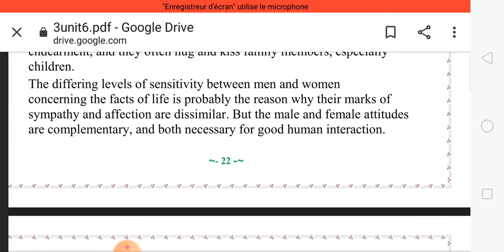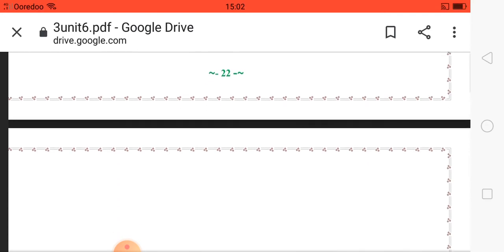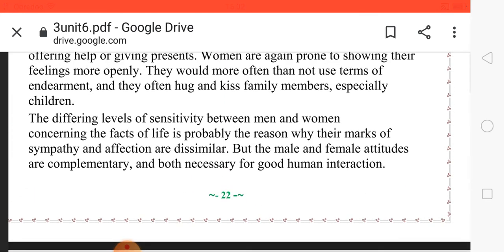I repeat, the differing levels of sensitivity between men and women concerning the facts of life is probably the reason why their marks of sympathy and affection are dissimilar, but the male and female attitudes are complementary and both necessary for good human interaction. Okay?